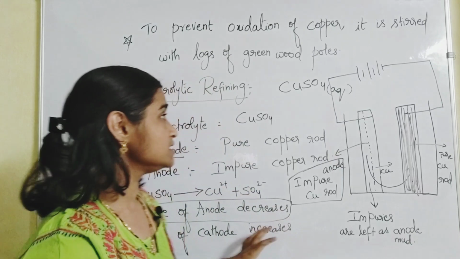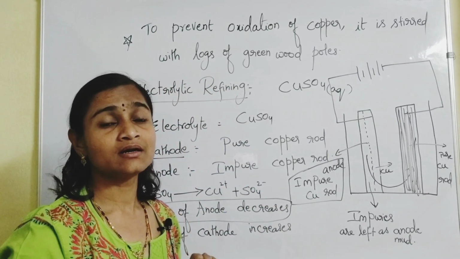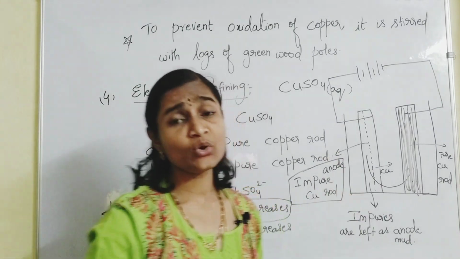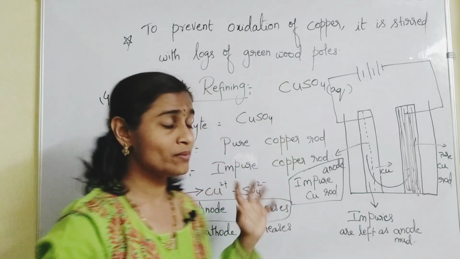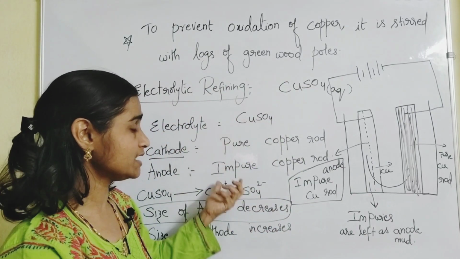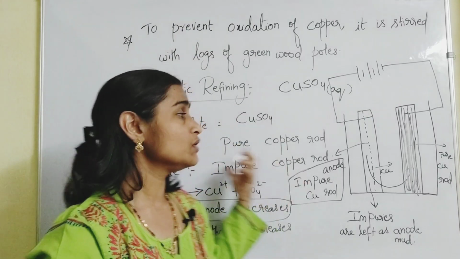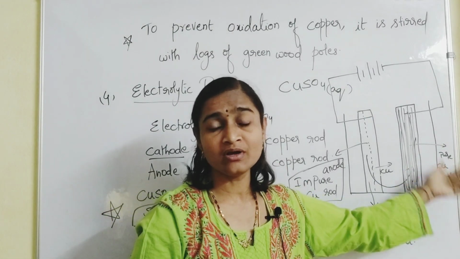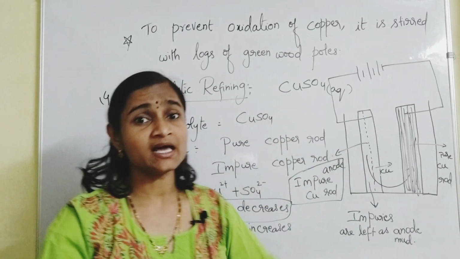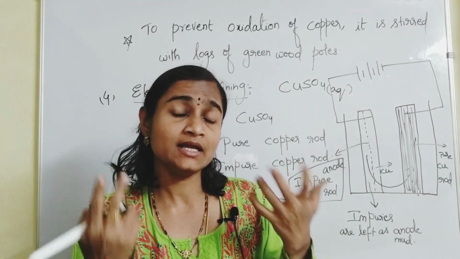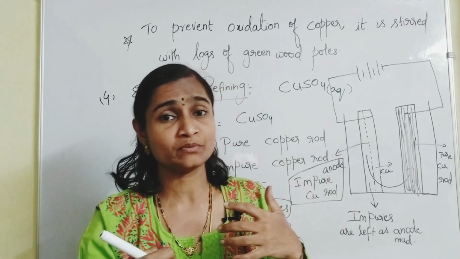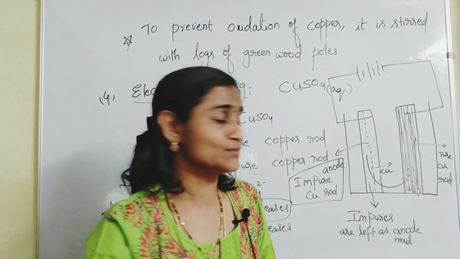So this is electrolytic refining. You take copper sulphate solution, copper ions start coming out from it and migrate towards the cathode. The size of the cathode keeps increasing, and it becomes more shiny also.